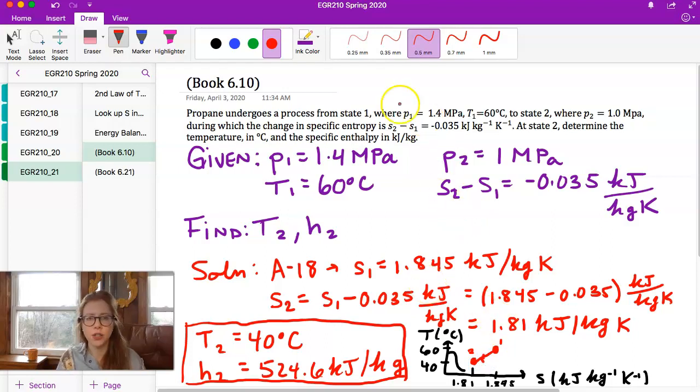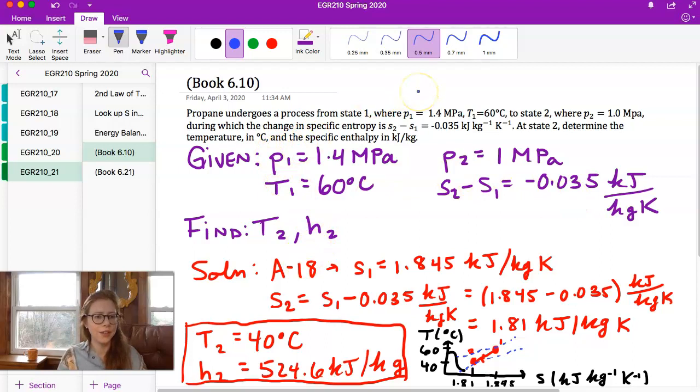And I'll just sketch on the isobars. They would just look something like this. So those are the lines of constant pressure.